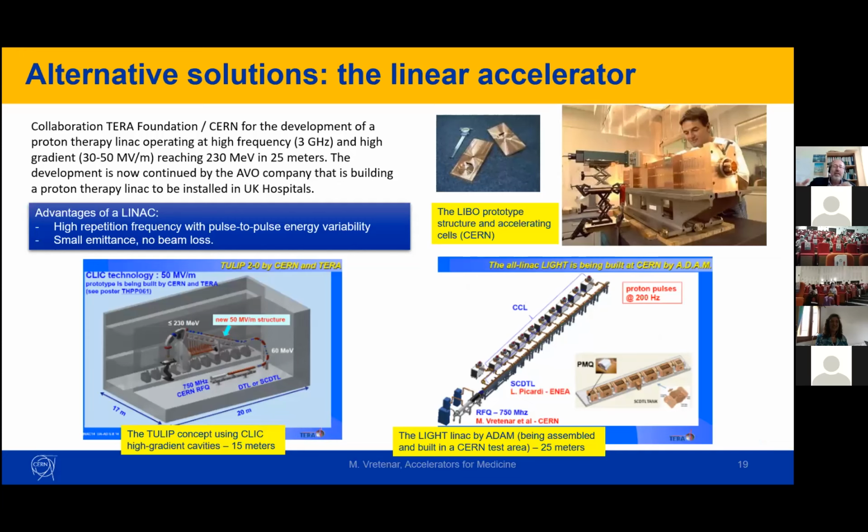On the other hand, for medium energies, like the ones you need for proton therapy and also for carbon ion therapy, you can think of a LINAC if you make a linear accelerator with a high gradient, with a large number of megavolt per meter. You remember in my previous example, I was talking of 2 megavolt per meter, and here we are thinking of 50 megavolt per meter in a linear accelerator.